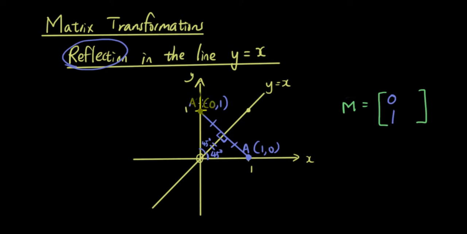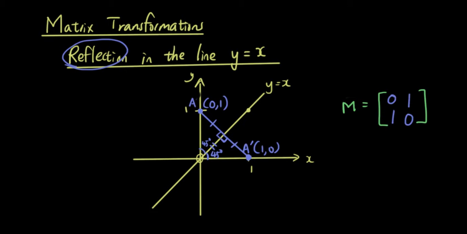And if this is our original point, then the image using the transformation will be 1, 0, which is A dash. And we put the result of that transformation in our second column, 1, 0. So therefore, this is the transformation matrix.